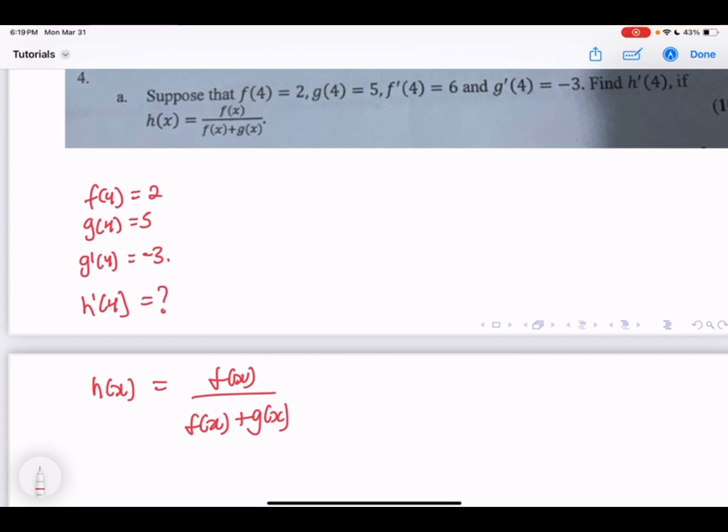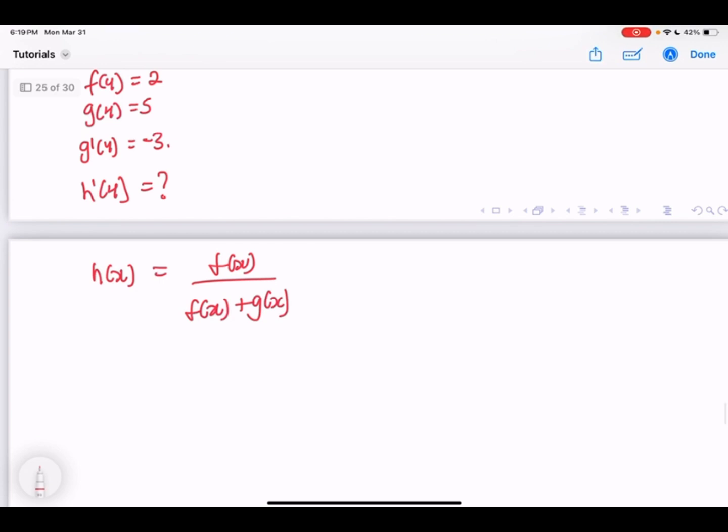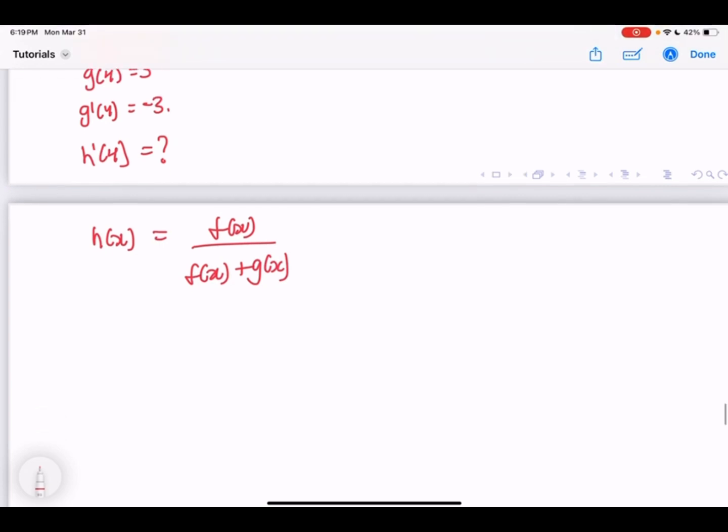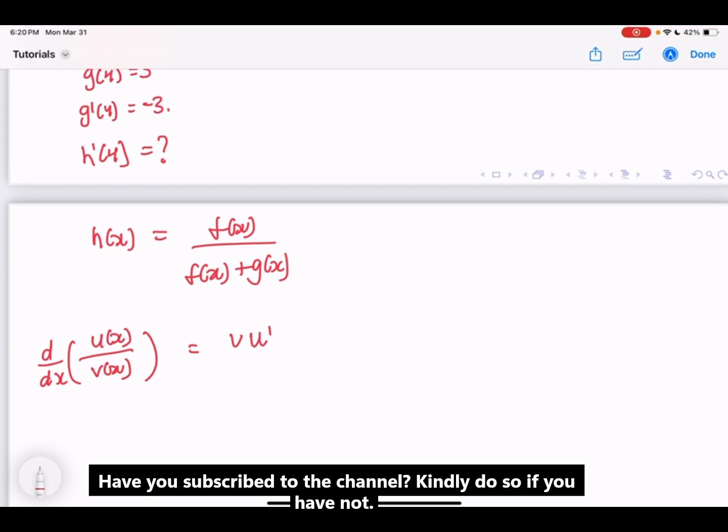So here h is being given as a fraction, right? So for us to find the rate of change, we should apply the quotient rule. The quotient rule says that if we have a function, say u of x divided by v of x, then the rate of change of this function is: you keep v, then you differentiate u, minus you keep u, then you differentiate v, all divided by v squared.